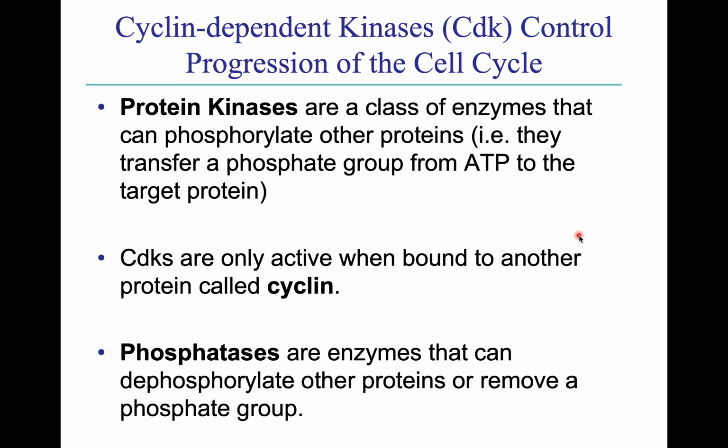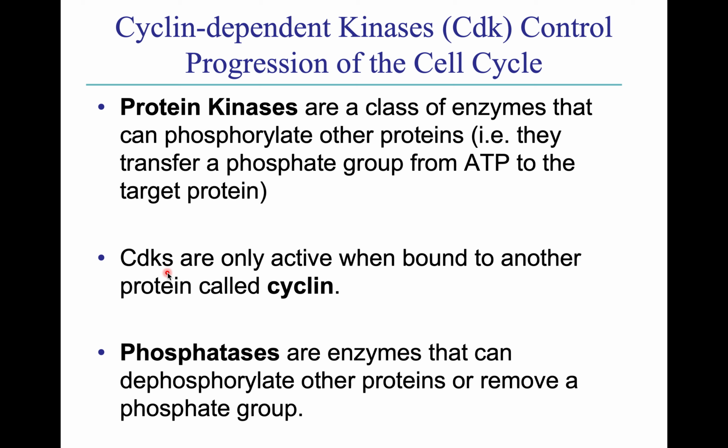It's this class of proteins called CDKs, or cyclin-dependent kinases. And just to remind you, kinases are a broad class of enzyme that like to phosphorylate other molecules, other proteins, for example. And they'll do that by taking a phosphate group from ATP and then attaching it to the target molecule. And so we have these cyclin-dependent kinases that, as that name implies, are only able to work as active kinases when they're bound to their partner protein called cyclin.